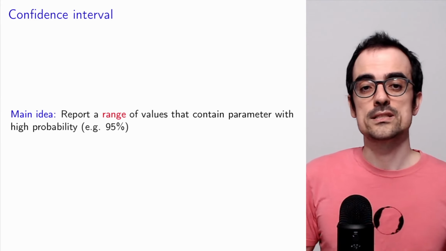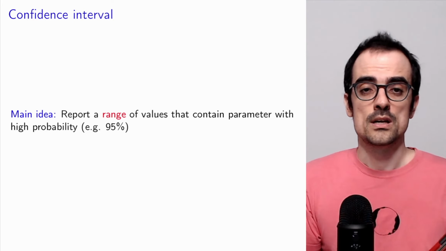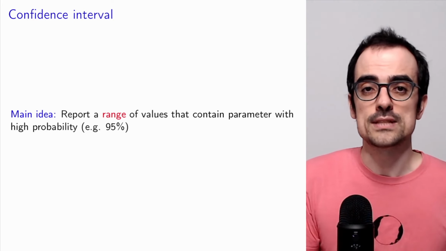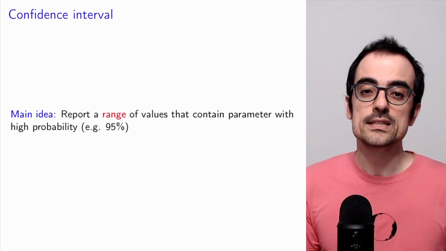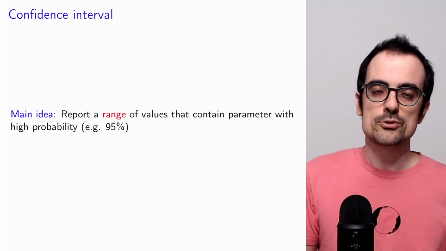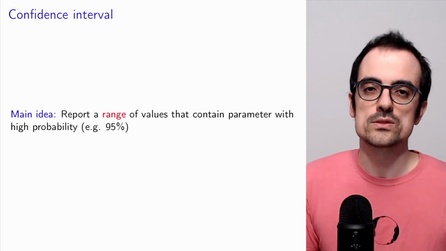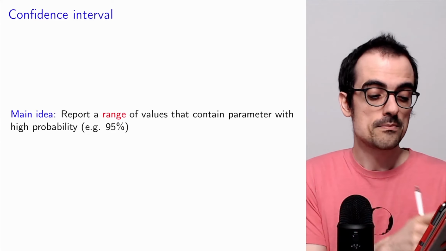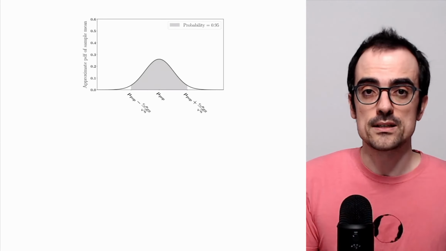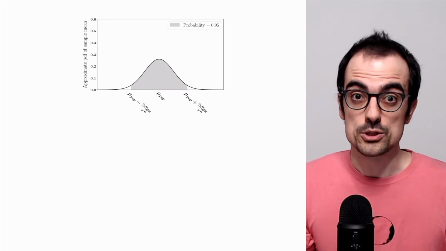In order to do this, we can use confidence intervals. A confidence interval is a range of values that contains the population parameter of interest with high probability, usually 95%. Let's remind ourselves about the logic we use to build confidence intervals for the population mean, or for every other parameter where the estimator is distributed as a Gaussian.